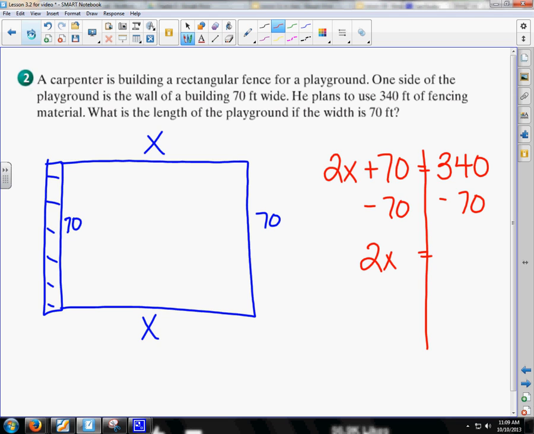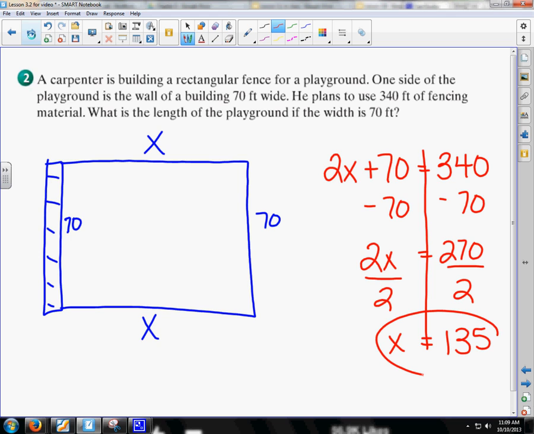So 2x equals 270. And then I divide by 2 on each side. So x equals 135. So this would be 135 of fencing. That's 70, and this is 135 for a total of 340 feet.